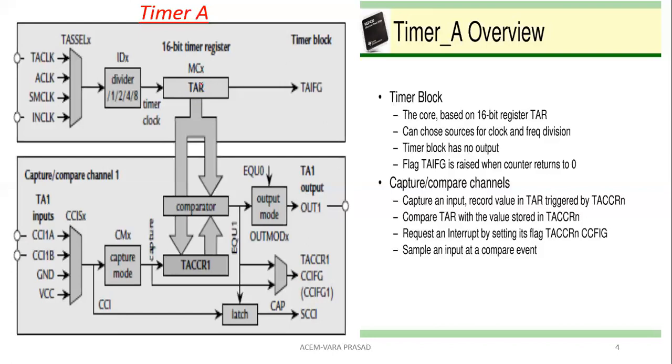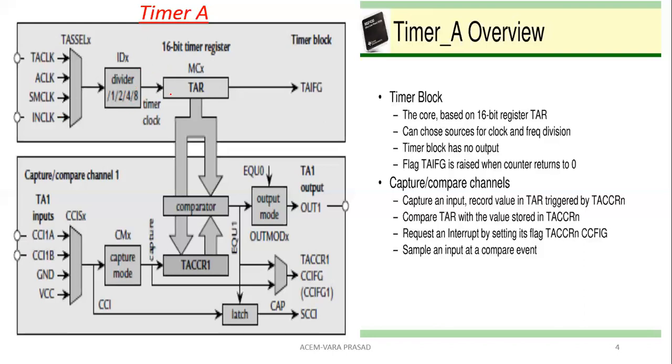The count is based on the clocks, and we have different clocks available: TA clock, the auxiliary clock ACLK, the SM clock, the subsystem master clock SMCLK, and the INCLK, the inverter clock. These clocks are divided by 1, 2, 4, 8, depending on the frequency.